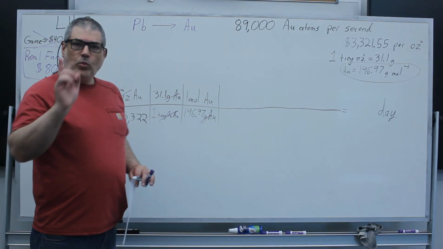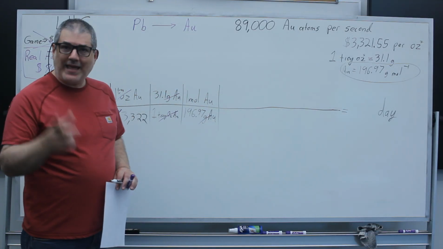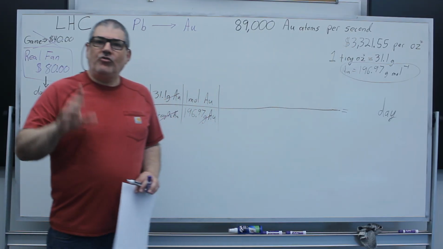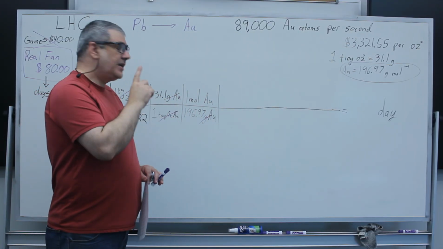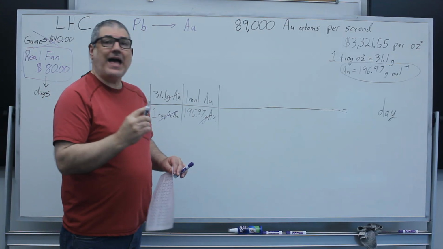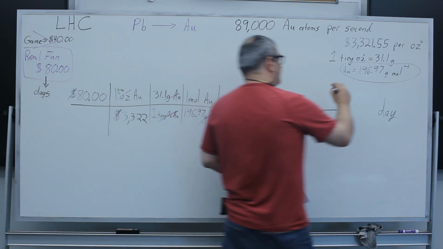time. Well, look at one of the things that we have that has time in it. Atoms per second. So now what we need to do is convert from moles to atoms of gold. And that is Avogadro's number.